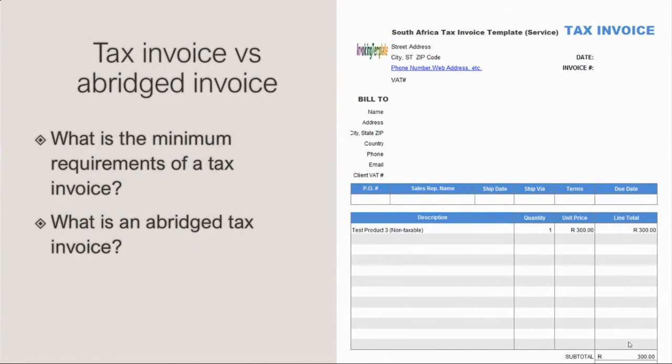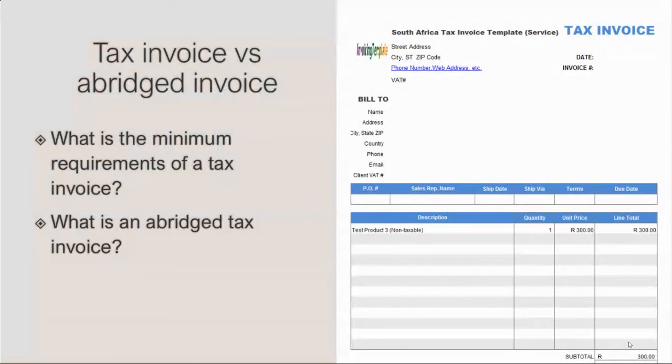How does the abridged tax invoice differ from our normal tax invoice? So I'm just going to repeat the question. How does an abridged tax invoice differ from a tax invoice?